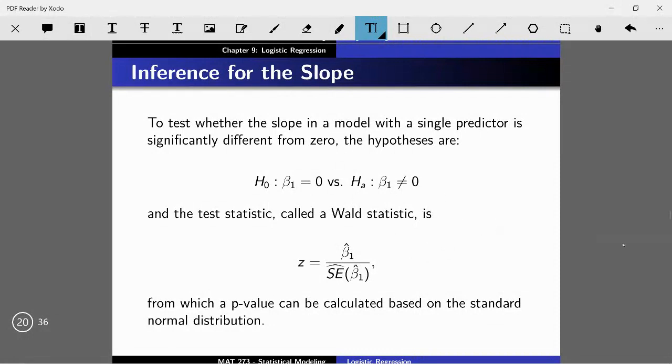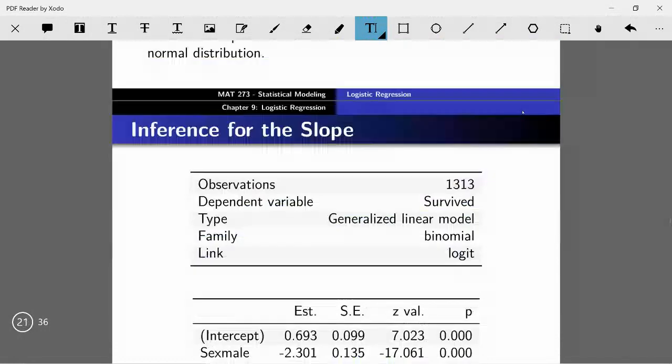And for logistic regression, we'll use what's called a Wald statistic. This is named after a guy whose last name was Wald, and this is also called a z-test statistic. It is calculated as the regression coefficient divided by its corresponding estimated standard error. Using this z-test statistic, we can get a p-value based on a standard normal distribution. Software will help us do this.